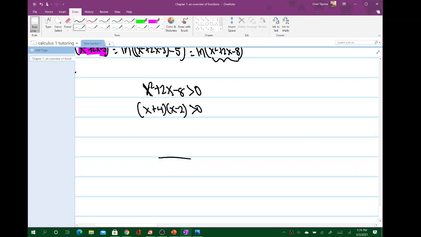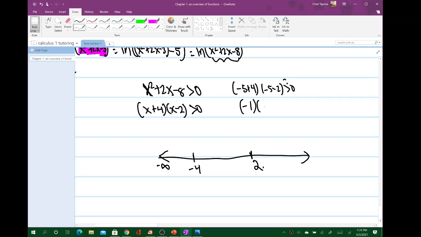And then to solve this, we would go from negative infinity to negative 4 and then to 2. So then we're going to just test values. If we do negative 5 plus 4 times negative 5 minus 2, is that greater than 0? So basically you do negative 1 times negative 7, which is 7, greater than 0, so yes, this works.